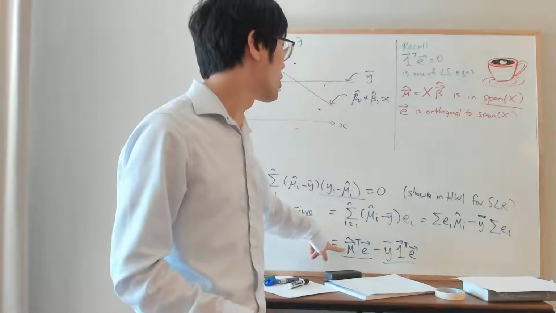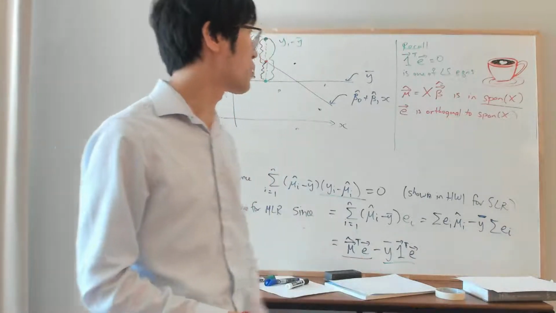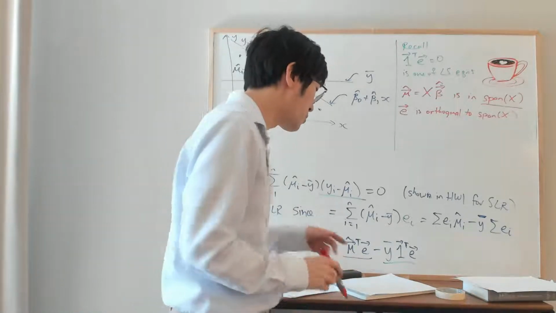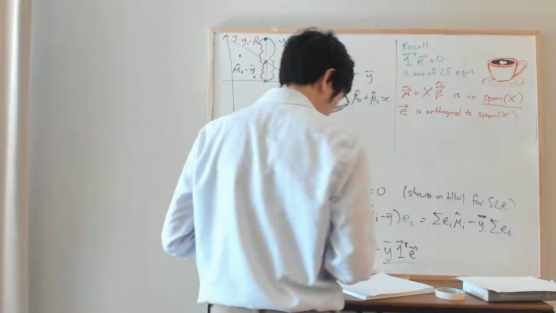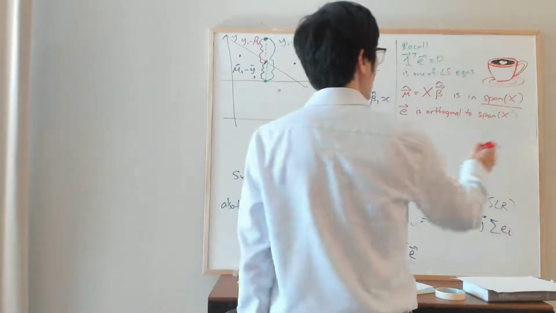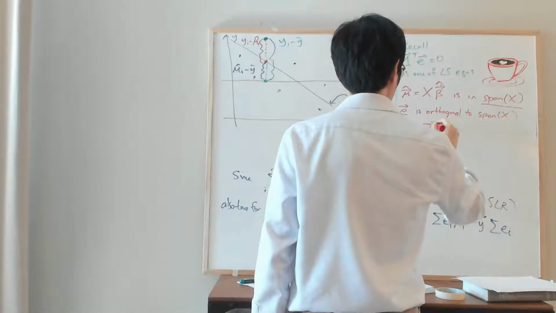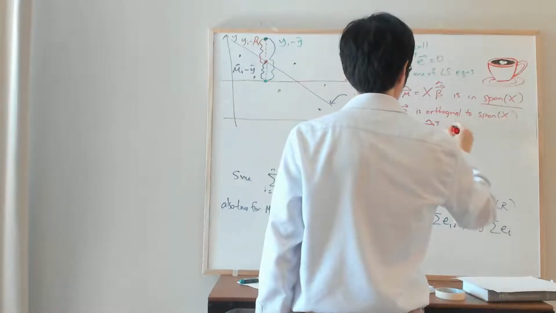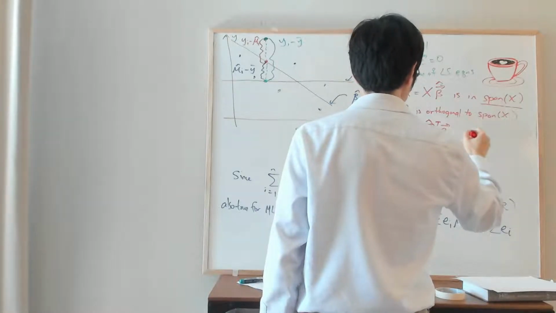So therefore, mu hat transpose times epsilon must be 0 due to their orthogonality. The mu hat vector is orthogonal to the residuals.